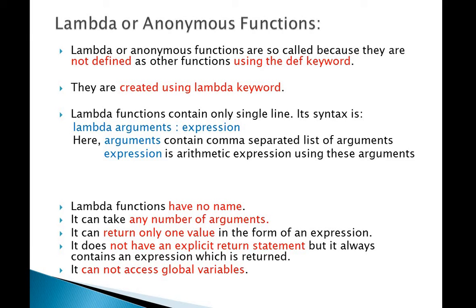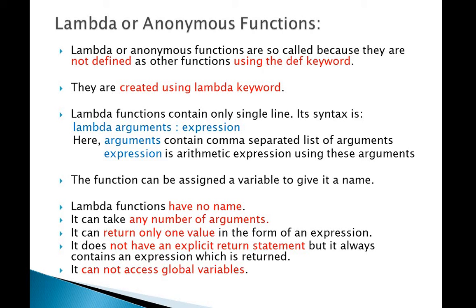It cannot access global variables. So keep in mind these different rules while defining lambda functions. We will see examples. Okay, one more rule. The function can be assigned to a variable to give it a name.